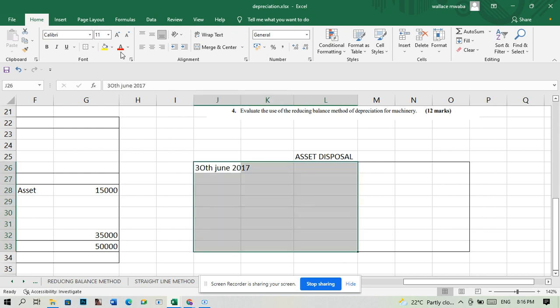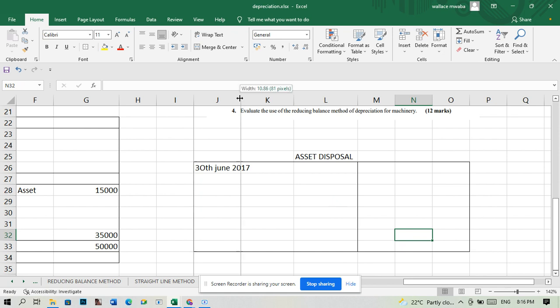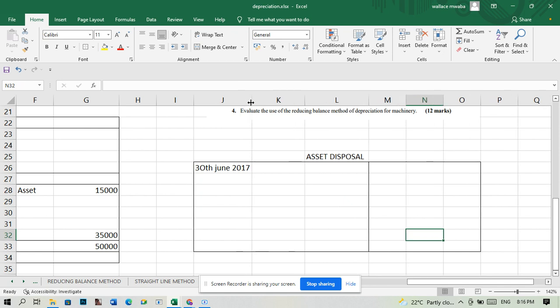This is machine A. This is dealing with machine A because we've sold it, so we have to get rid of it in our accounts. This came from the machinery account. So we debit asset disposal 15,000.